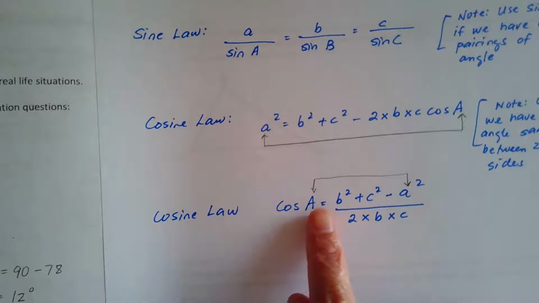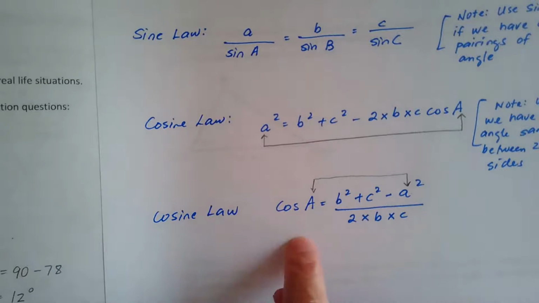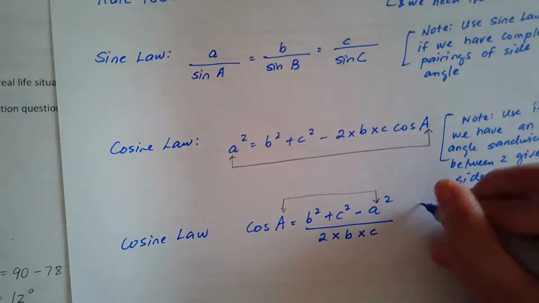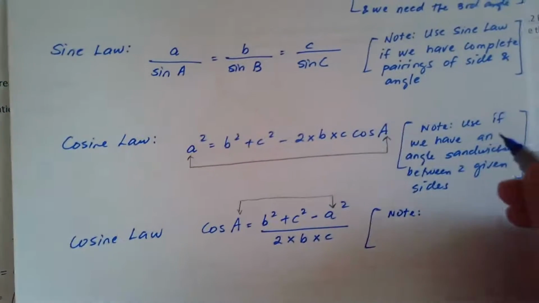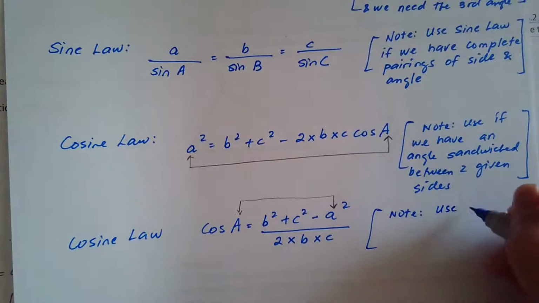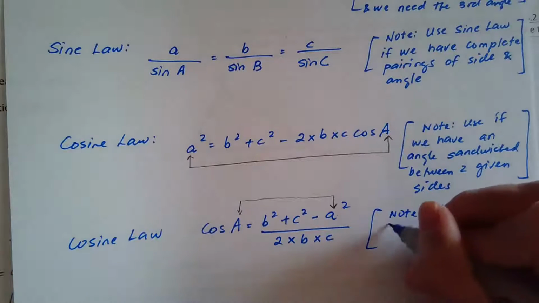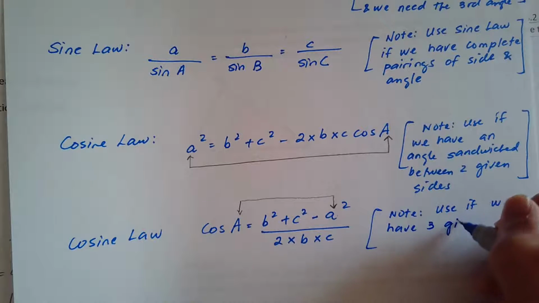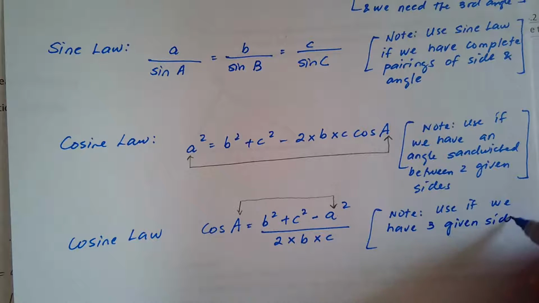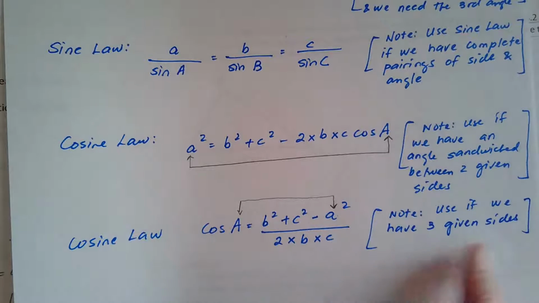And then, how do I know that I'm using this one? Note: use if we have three given sides. So this is super easy to spot, right?